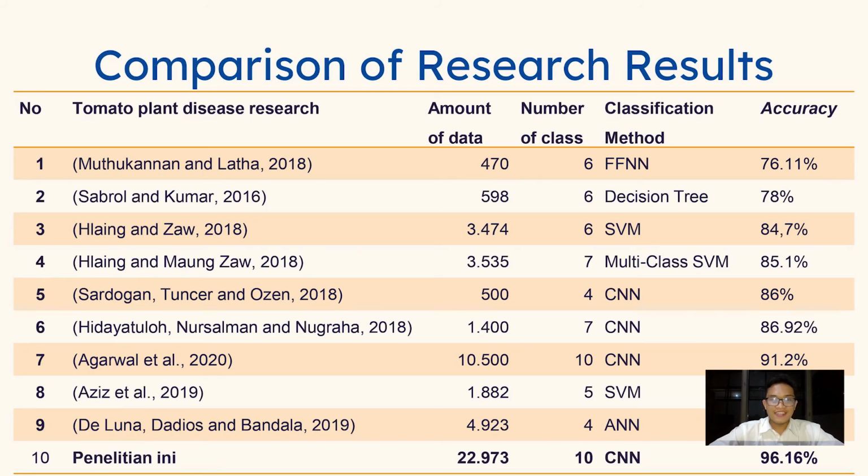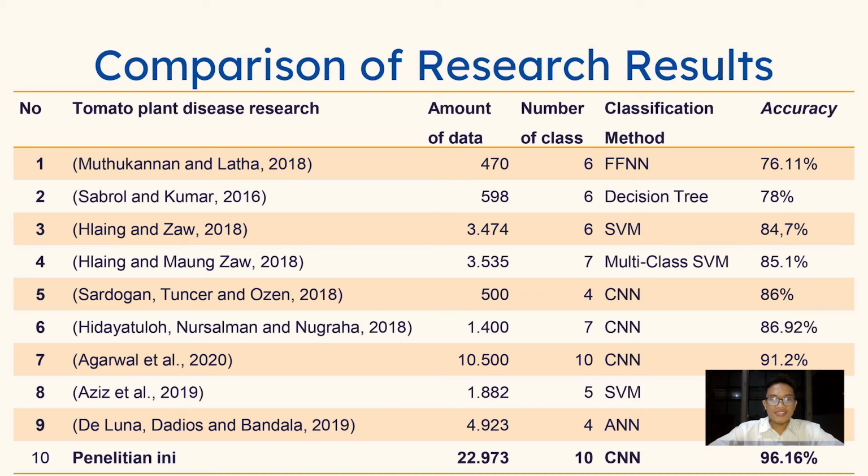And finally, the comparison of research results. The best model performance of this research was compared with the results of several recent studies between 2016 and 2020. From the amount of data, this study used the largest number.